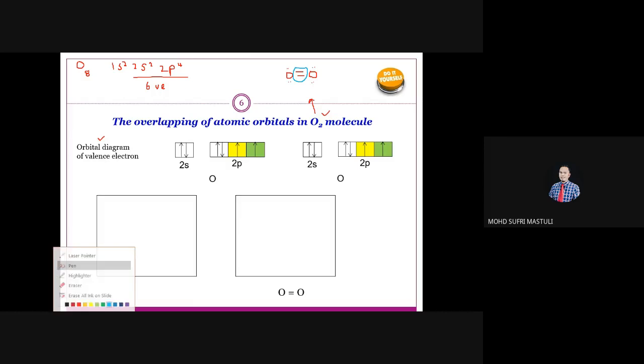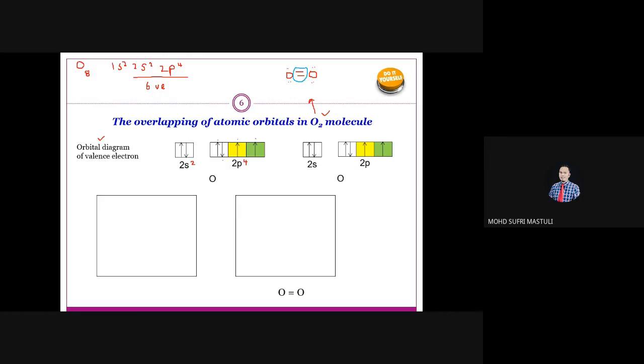From the electronic configuration, we know the first oxygen is 2s2, and the p is 2p4. So we will write 1, 2, 3, 4.